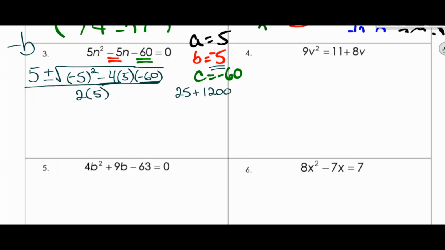So that's my discriminant, 1,225. So this changes into 5 plus or minus the square root of 1,225 divided by 10. I'm also going to simplify that. 2 times 5 into 10. So my next step is doing the square root of that 1,225, which is 35.